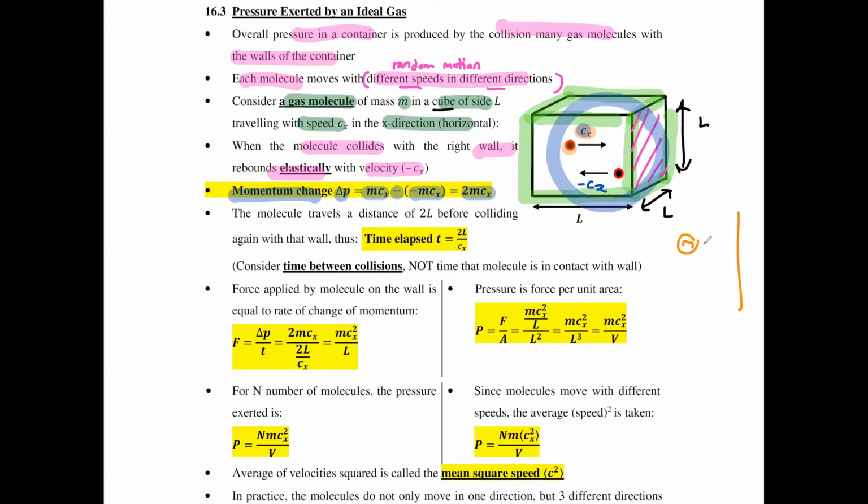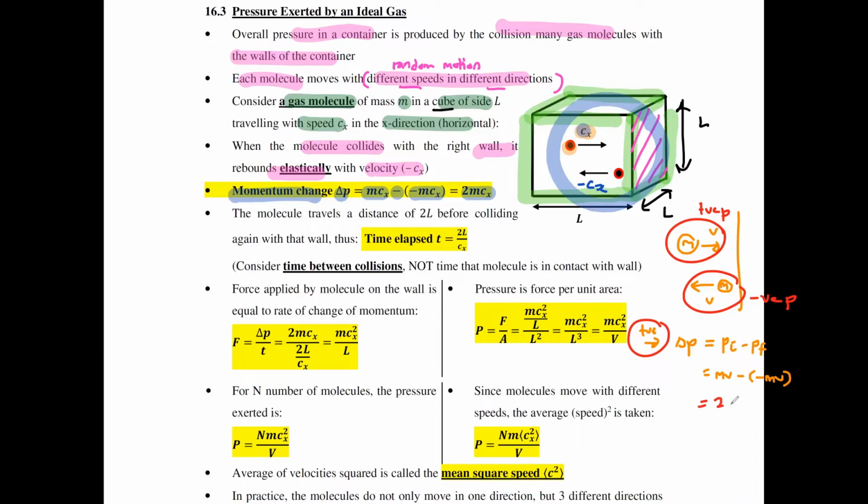If I tell you that you have an object with mass m hitting with velocity v, and then rebounding with velocity v in the opposite direction, and rightwards is considered your positive sign convention, you will say the change in momentum is mv minus negative mv. This one here will be positive p, and this one here would be negative p compared to your sign convention. So here you will get 2mv.